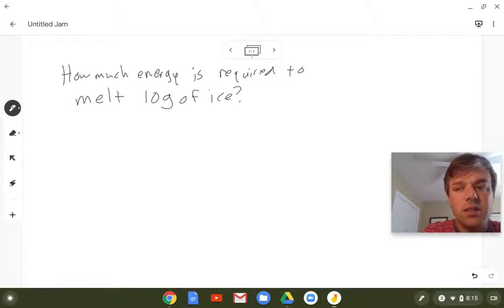Well, the equation for melting, that's heat of fusion, so our mass is 10 grams.